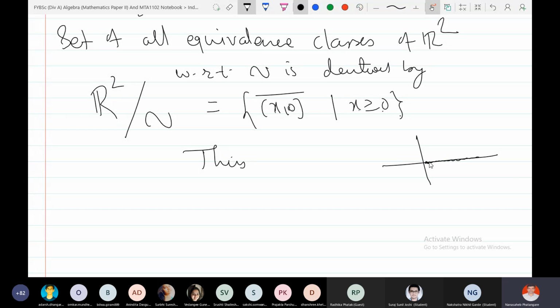Because if you choose any positive number on the x-axis, you will get one class. You choose another number on the positive x-axis, it will give you another class. So how many classes will you get? As many as there are x. How many positive real numbers are there?